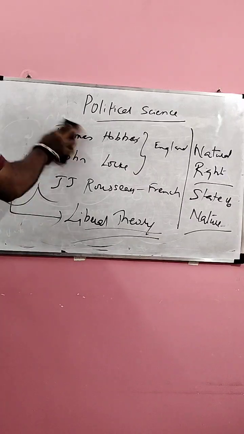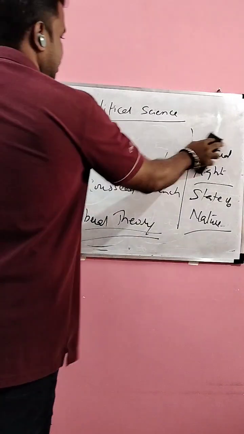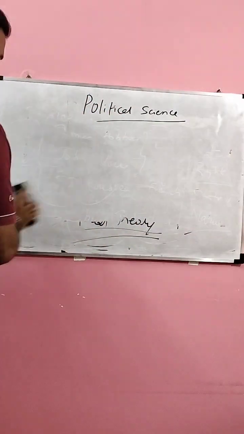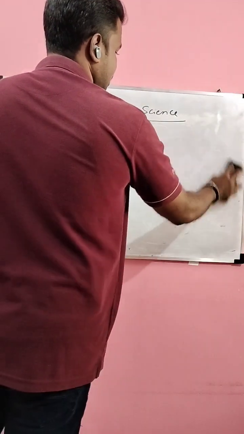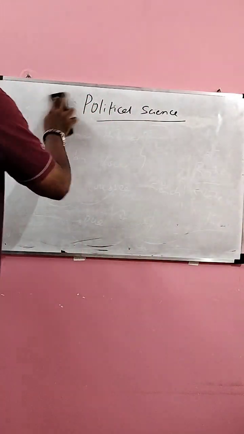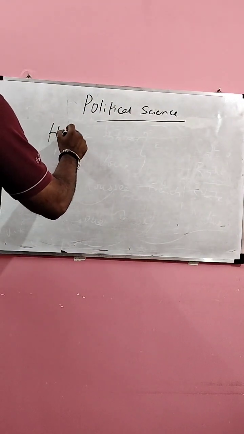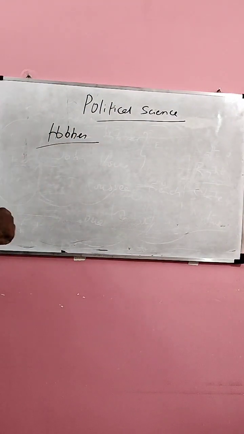We will now study the state of nature and social contract so that we can understand the liberal theory of state better. It was Thomas Hobbes who first spoke about the state of nature and the social contract.